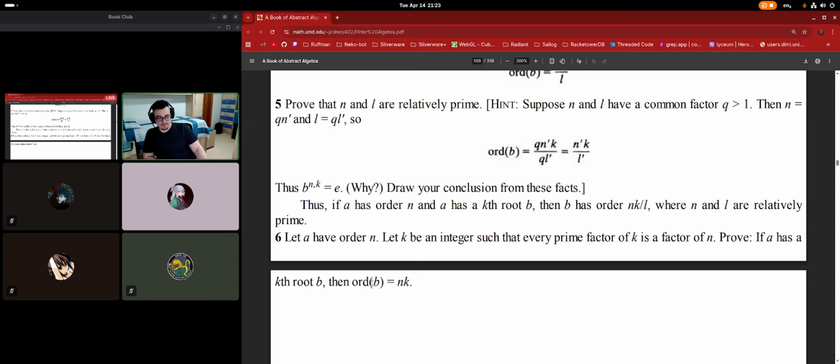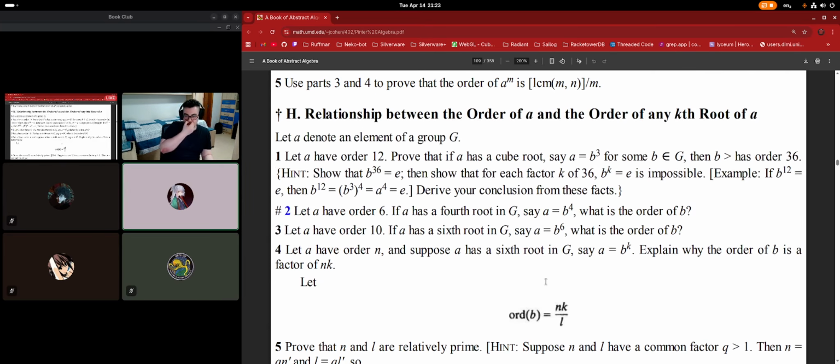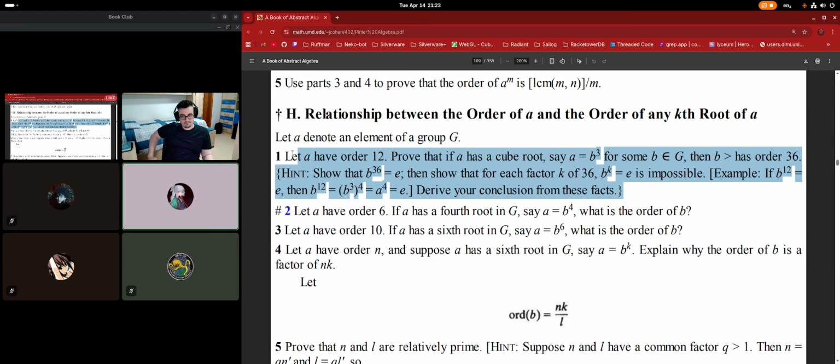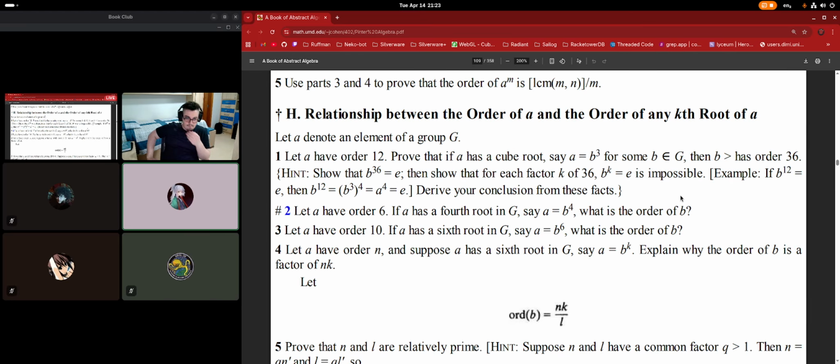But again, I'm still having trouble with this part. If you go back to the first one in this section, you had an A where the order is 12, right? And then you say that A has a cube root, so there's some B where if you cube it, you get A, right? What is the order of b in this exercise? Well, B is the root that we're talking about, right?